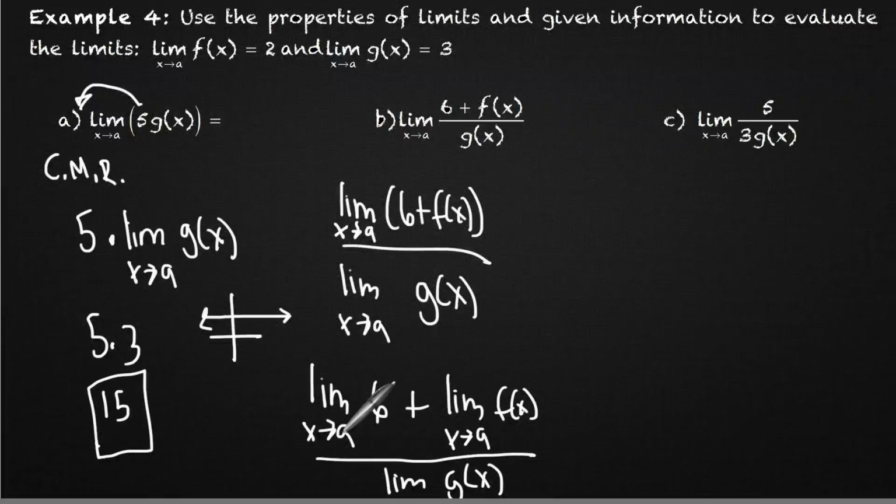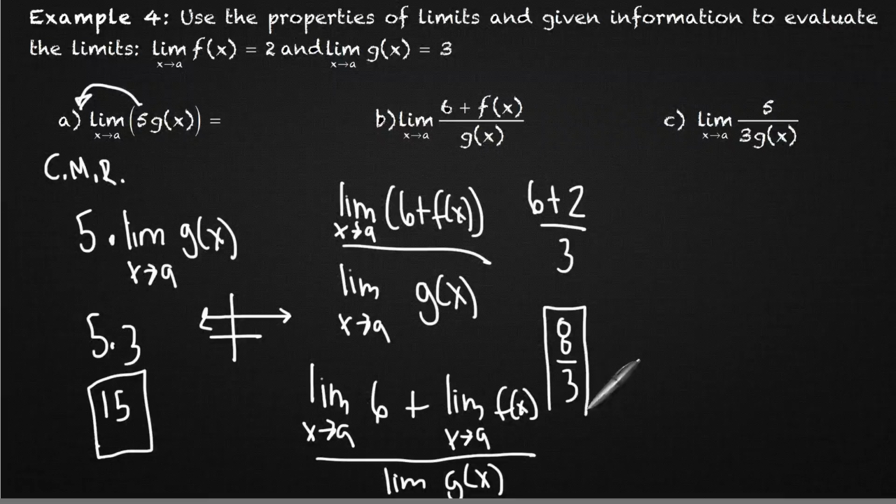So as x approaches any number, the y value is going to be constant 6. So we just learned something. The limit as x approaches any number of a constant is simply that constant. So that's going to be 6 plus the limit as x approaches a of f of x, which is given to me, that's 2. And the limit as x approaches a of g of x is 3. So the answer is 8/3. Pretty simple. All right, let's try the same concept here.